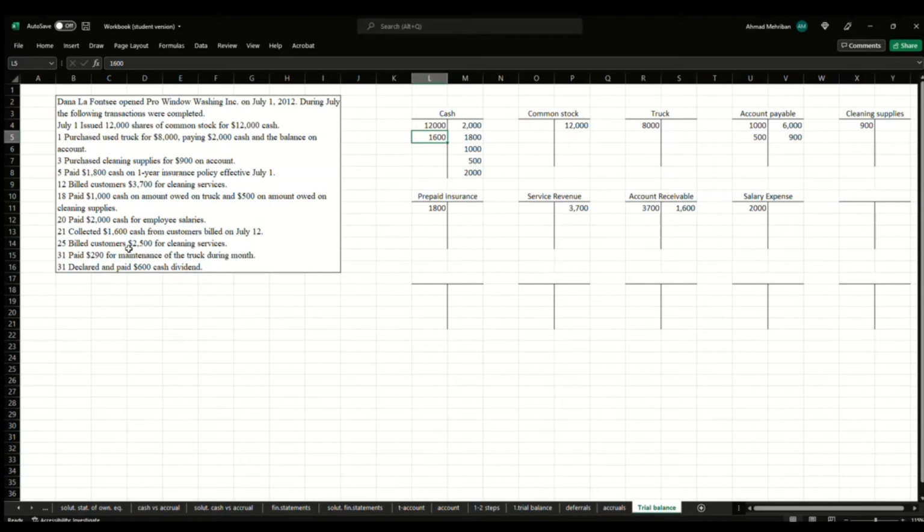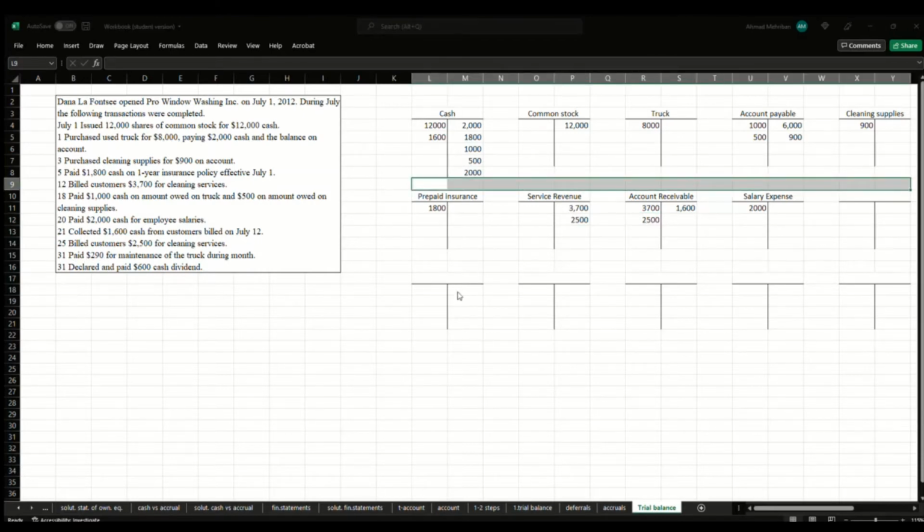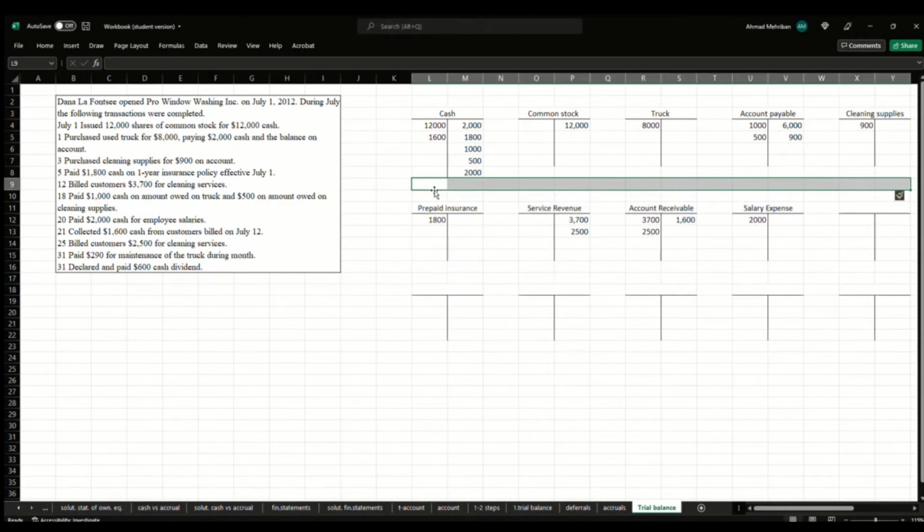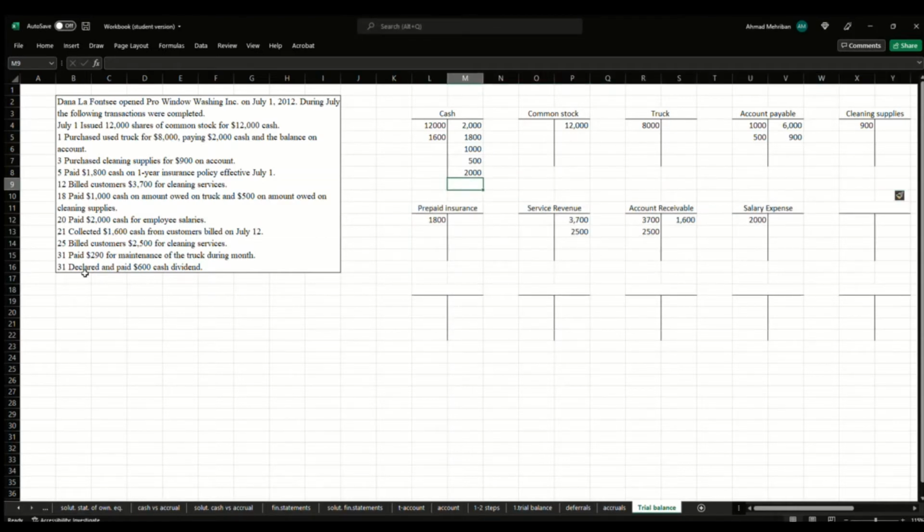Next, we billed customers 2,500 for cleaning services. So we showed cleaning service 2,500, and we billed them, meaning that our customers now owe us an additional 2,500. We paid 290 for maintenance of the truck.